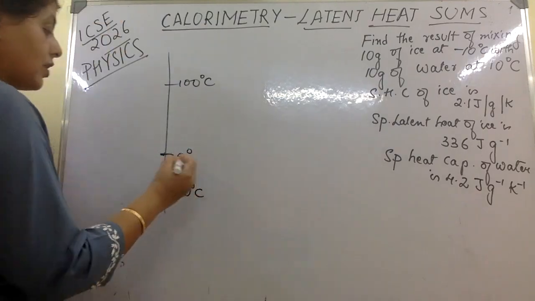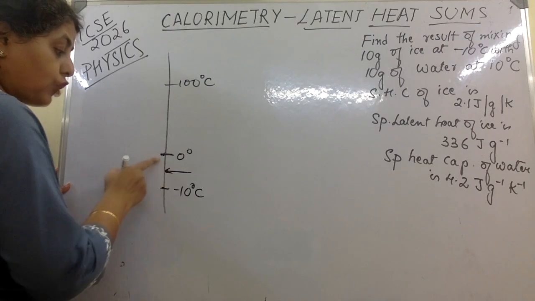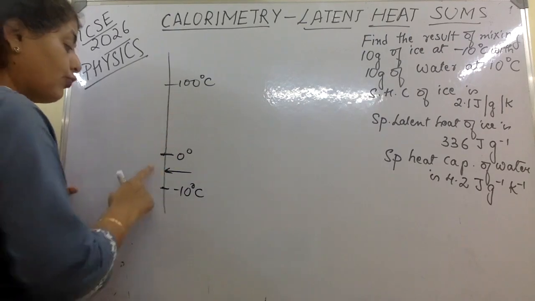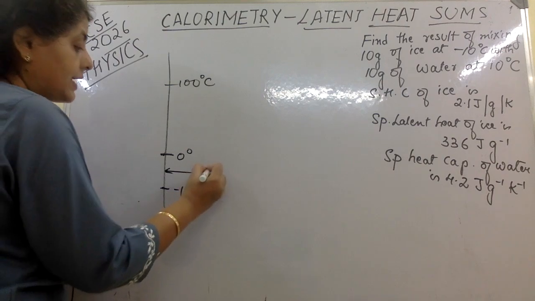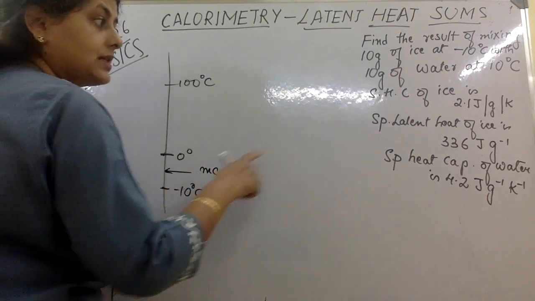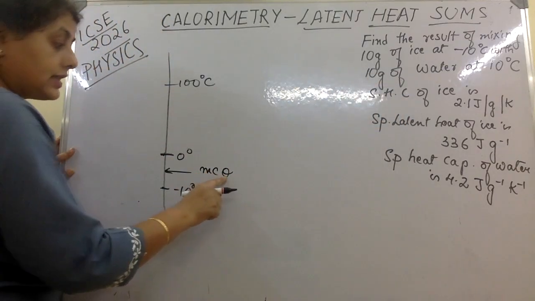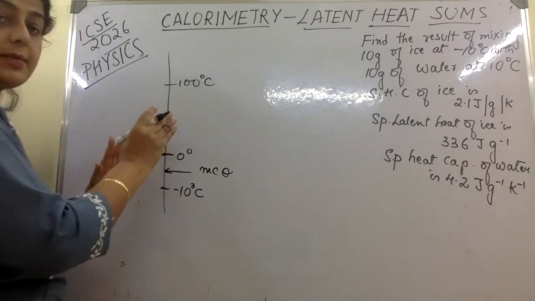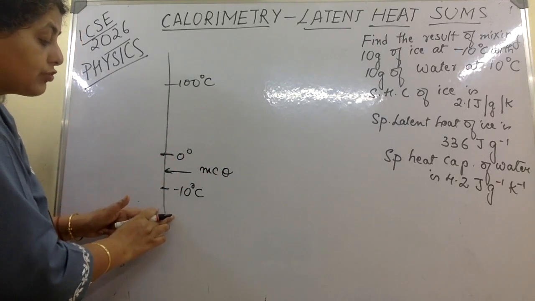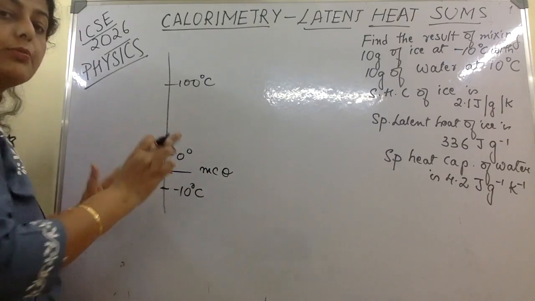What is the heat absorbed for this warming up of ice? We have to use mc theta, where c is the specific heat capacity of ice, m is the mass of the ice, and theta is the difference in temperature. If it is going from -20 to 0, I'll put a 20. It's going from -10 to 0, I'll put a 10.